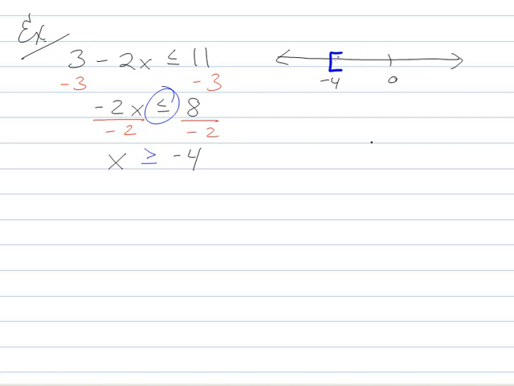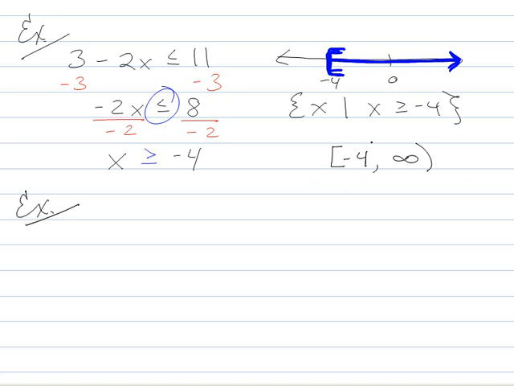And then to write that in set notation, x such that x is greater than or equal to negative 4. To write it in interval notation, it goes from negative 4 to infinity, and we always use parentheses on infinity.